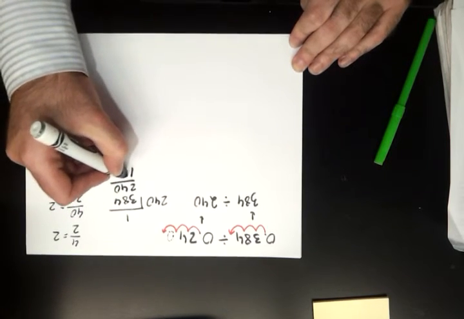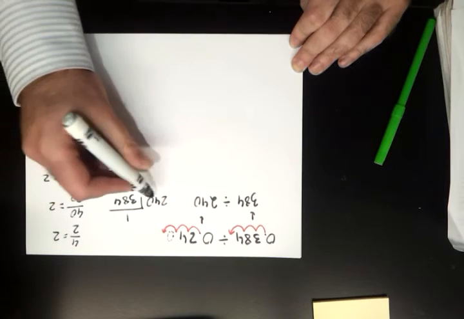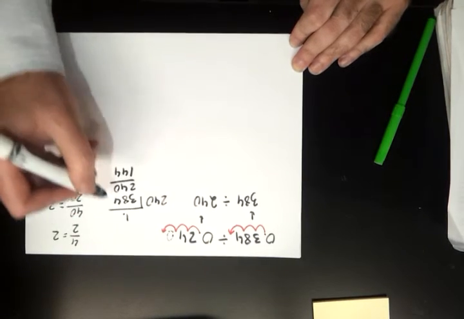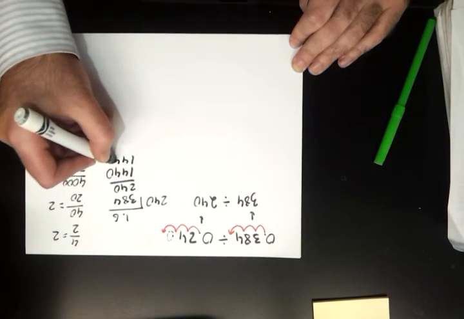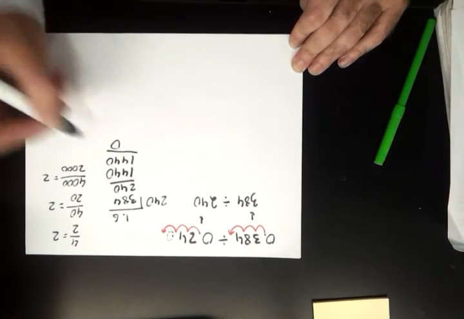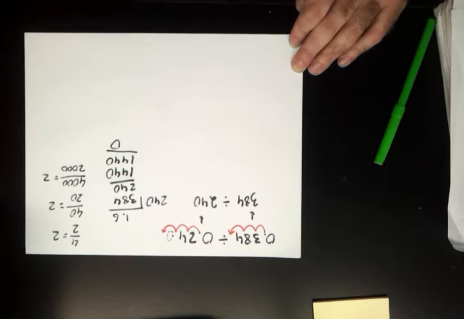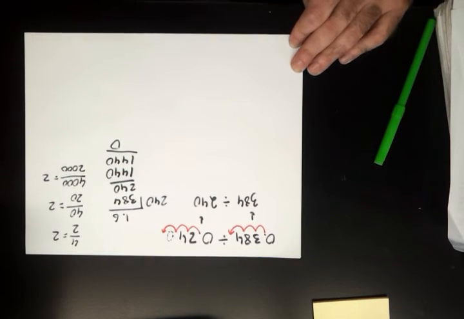I get 144. 240 does not go into 144, so add a decimal, and that's 6. Done. That wasn't bad at all, I don't think.